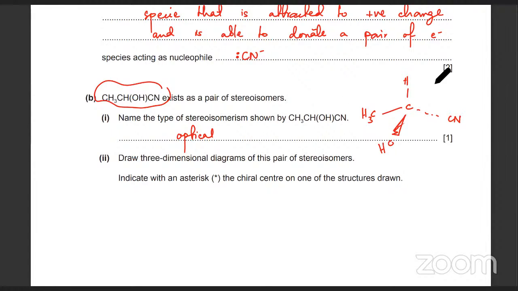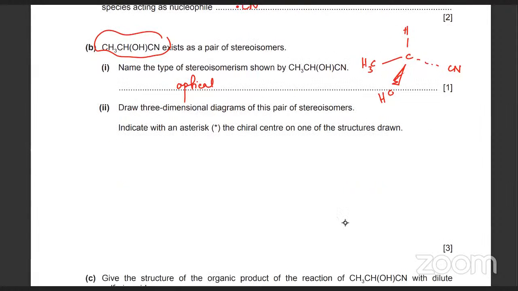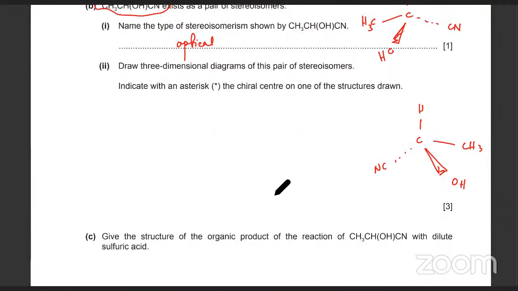So I'm going to draw a mirrored version of this. That is going to be the second isomer. Remember, everything should be mirrored. If I draw it below with left and right switched, the CN would be on the left and the CH3 is over here. So both of them are mirrored versions of each other. That should be it, I think.